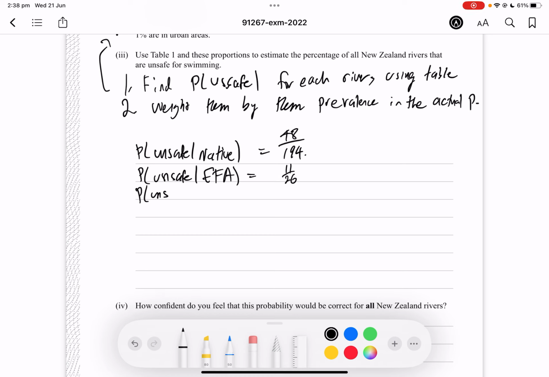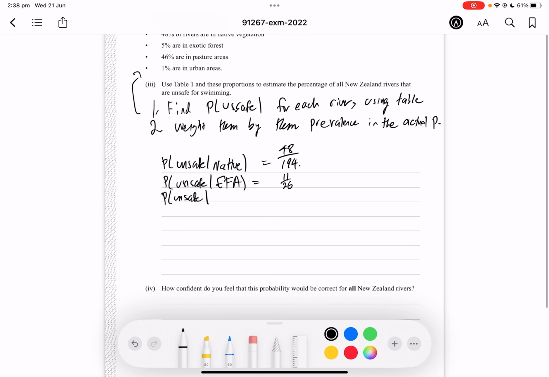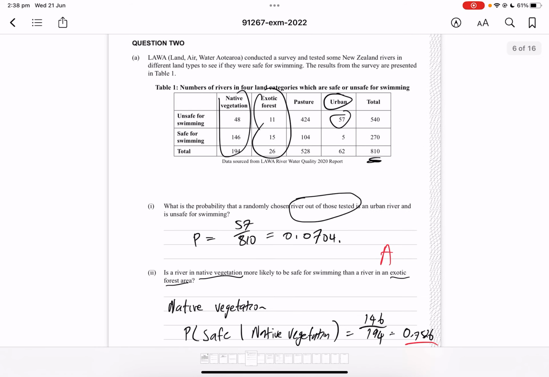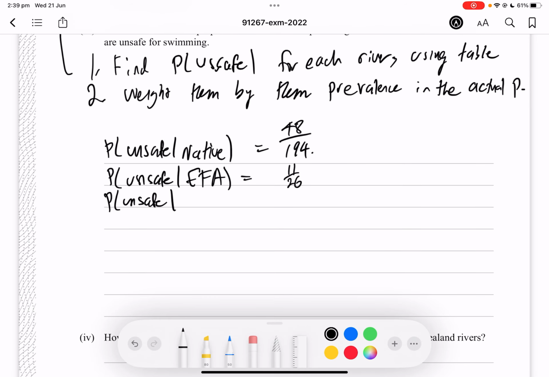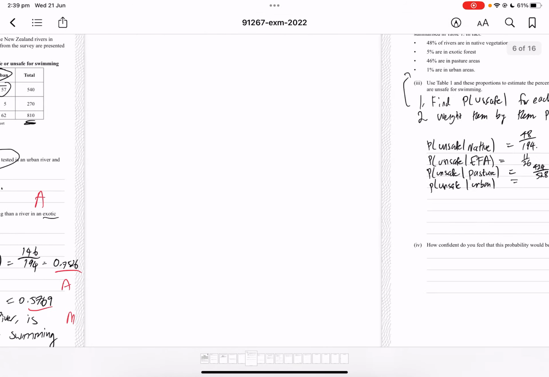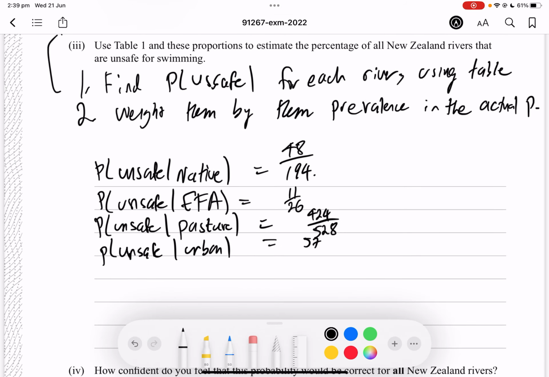Next, P(unsafe given pasture) is 424 over 528. And the probability that it's unsafe given it's urban, if we go back to our table, unsafe would be 57 over 62.